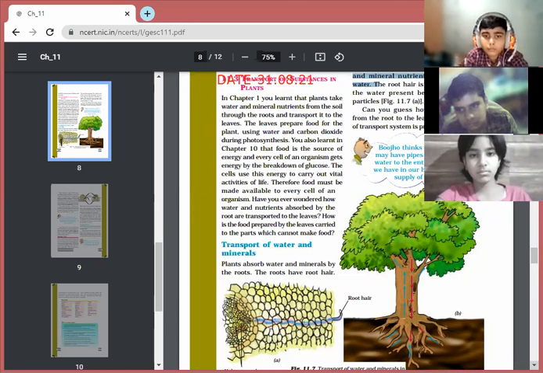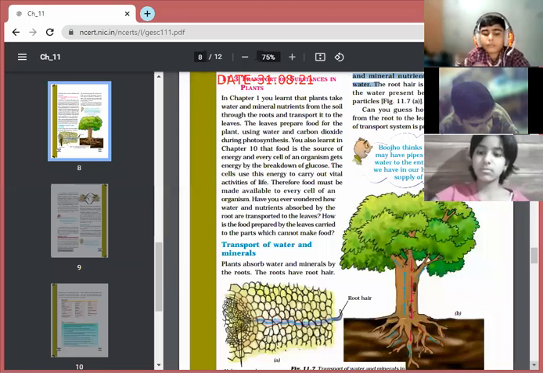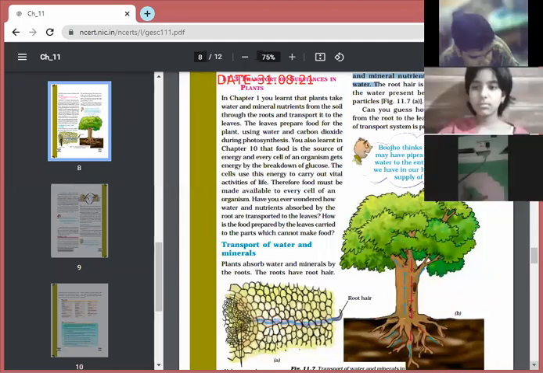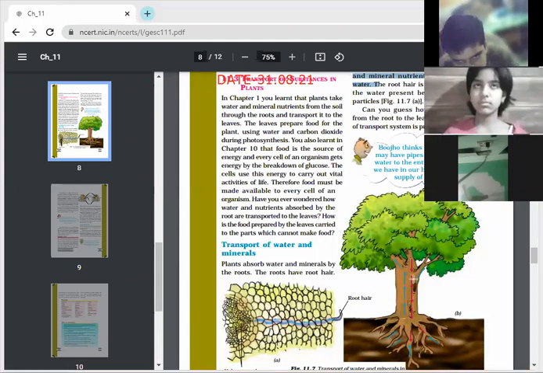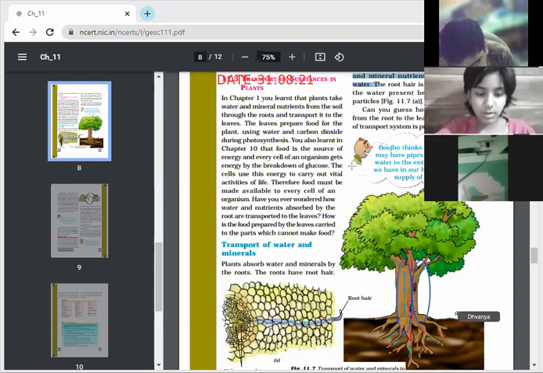I just want to show you with the help of the diagram. After that, we'll go to the next concept. In the book, you are able to see this figure, and here are two kinds of arrows. I hope you are able to see these two kinds of arrows. One kind of arrow is moving downward, and this kind of arrow, blue colored, is moving upward.